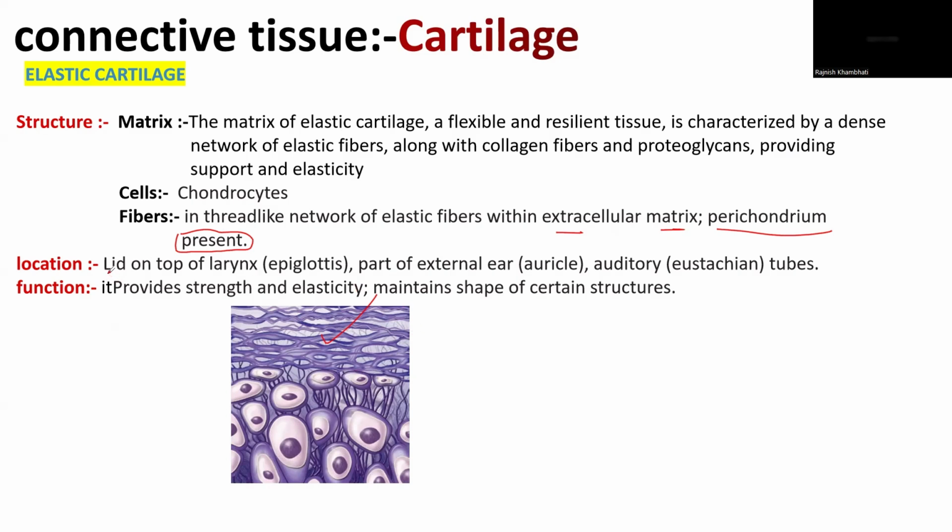Location, where you can find it: the lid on top of the larynx, which is called epiglottis. Then part of the external ear. You know, we have an ear like this, which is called auricle. Then the auditory tubes in your ear. In this same ear, there is a tube which is entering inside, and inside where our structure is present, which is helping us, that is called the inner ear.